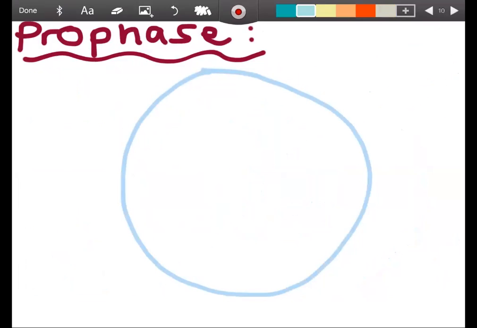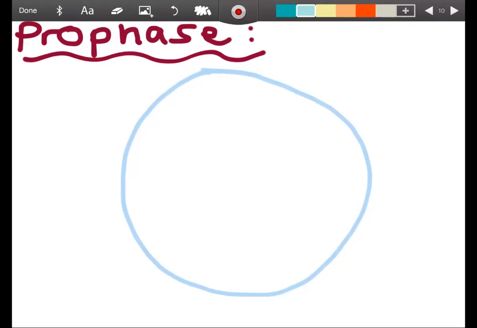So the first step of mitosis, as we mentioned before, is prophase. So in prophase, this is when the chromosomes are going to condense. So remember, as I mentioned before, in interphase, the DNA is loose in the nucleus, it's not condensed at all. In prophase, this is when it's starting to condense.